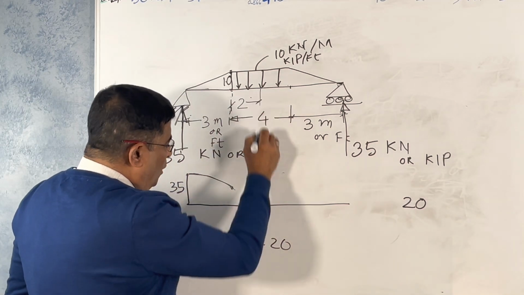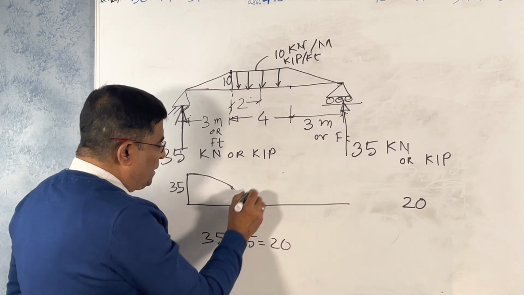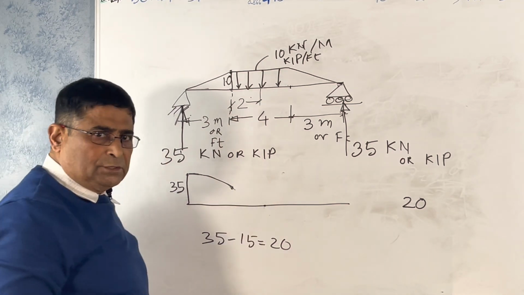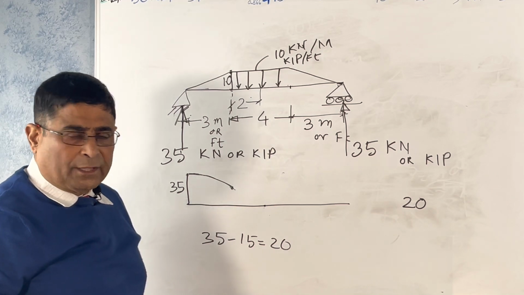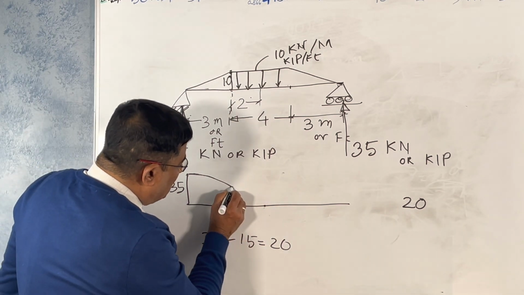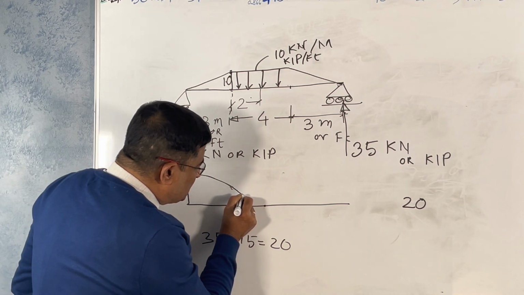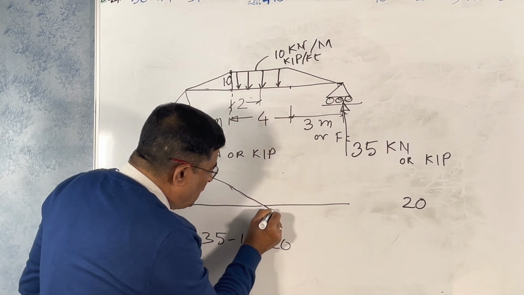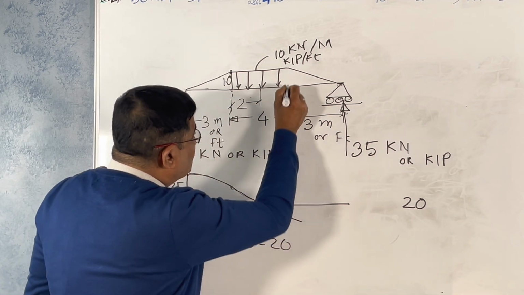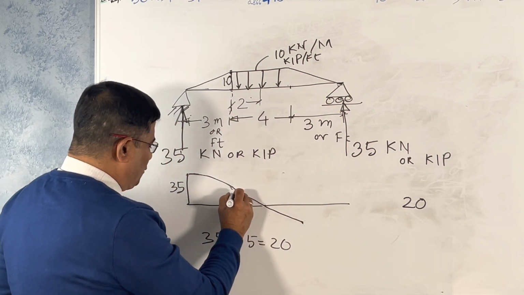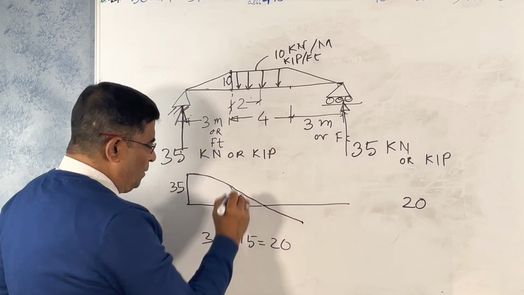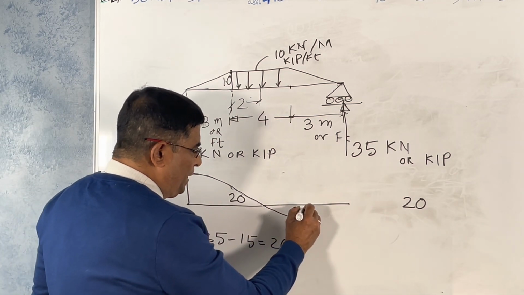Always, for a symmetric loading, the shear force is 0 at the midpoint. So it is straight there, and remains straight up to this point. Here also it will be 20.